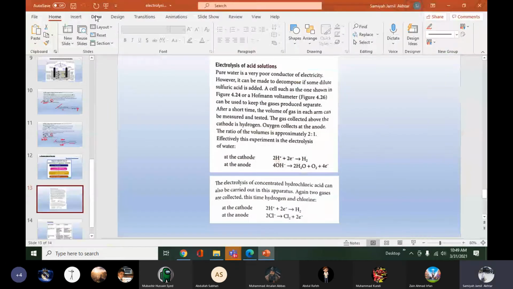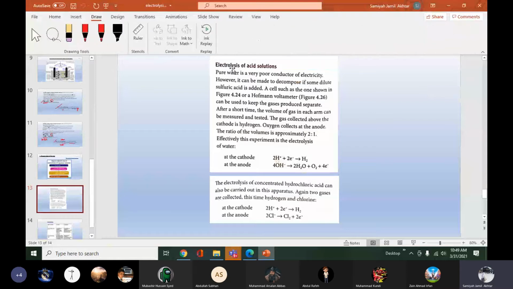Acid solution means there is acid present and water. There will be acid and water in it.